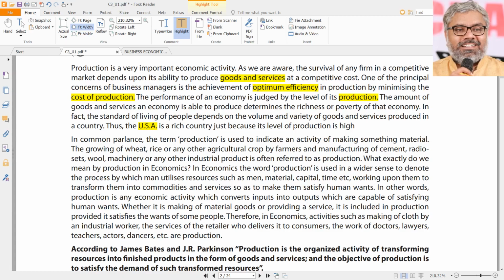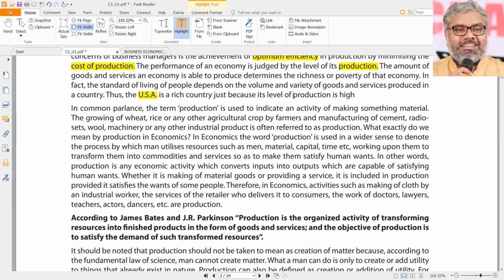Just for understanding the importance of production as a concept, you can understand the entire international equation of what the state of the economy of any country is. Ultimately, when you go down to the realities, it will depend upon its production only. That much important production is.